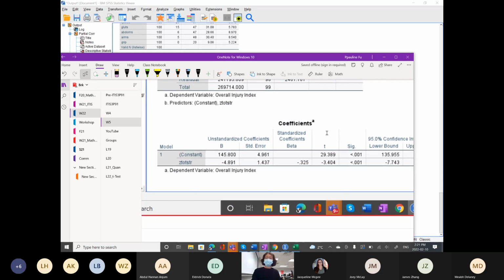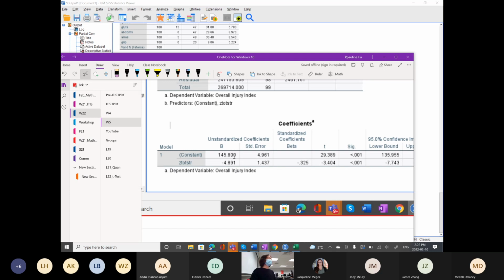Next, let's write down an equation. We want to explore the relationship between injury and body strength. Okay, so the equation is based on two values. One is the constant. When you're in high school, you have y equals ax plus b.